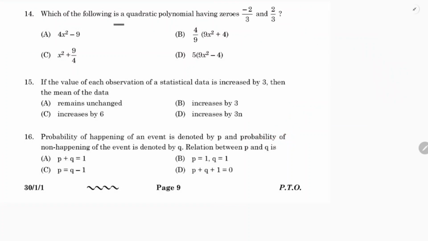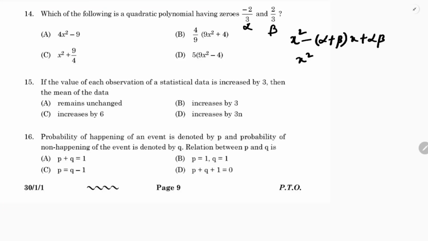Which of the following is a quadratic polynomial having zeros minus 2 by 3 and 2 by 3? Here you can use alpha beta and find the quadratic polynomial. That is one method. x square minus alpha plus beta into x plus alpha beta.